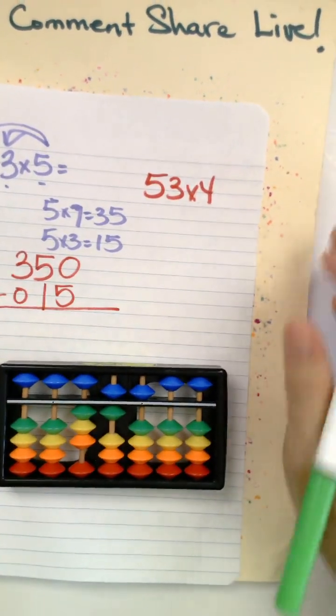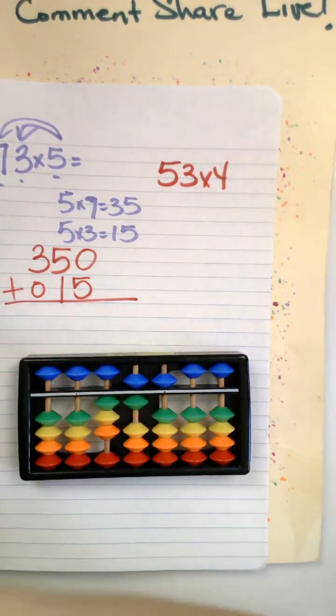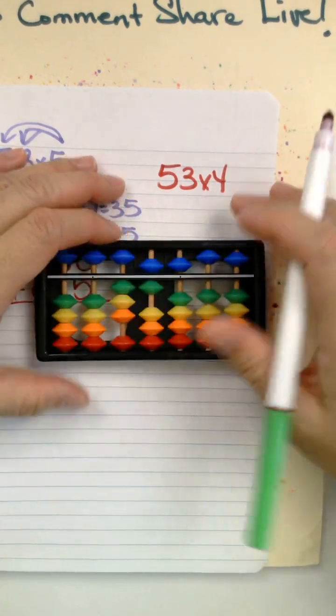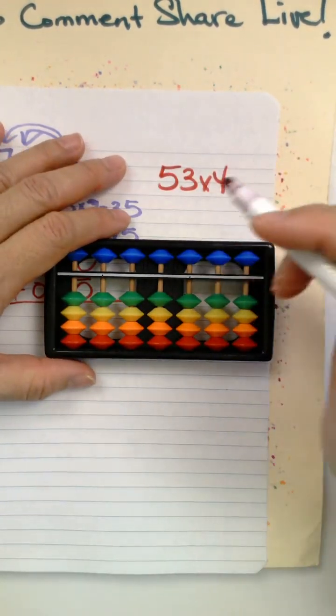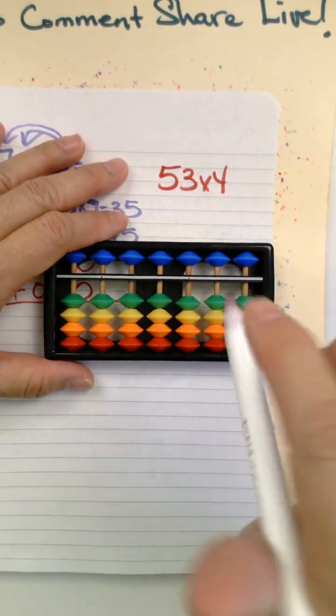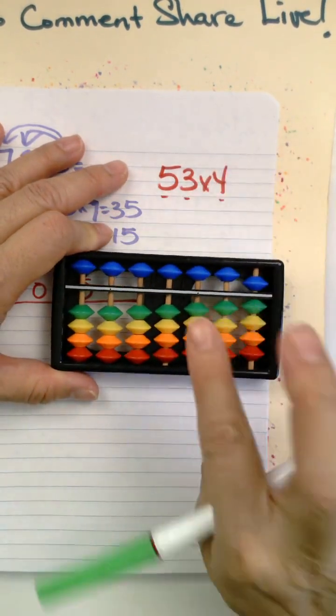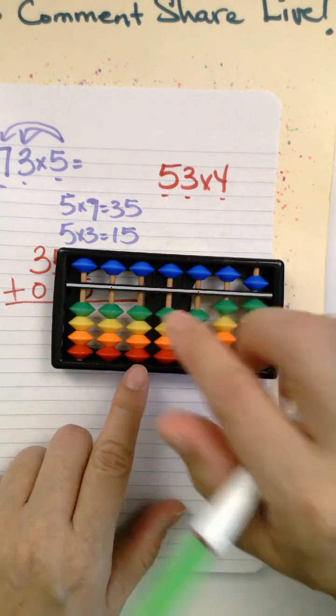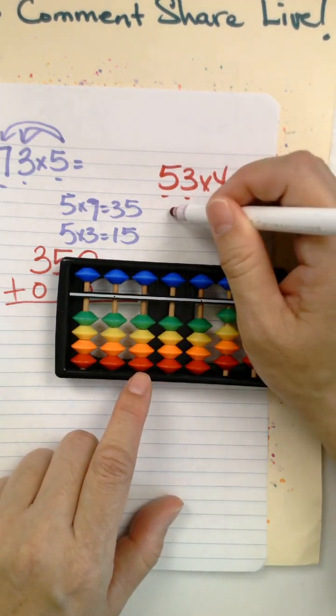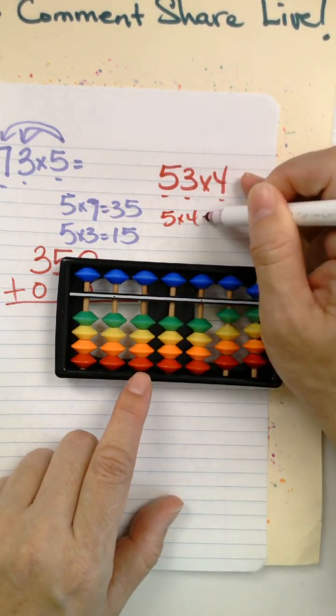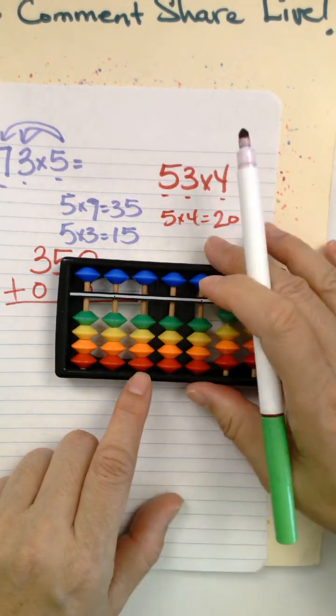Okay, so multiplication is the same thing. Again, we're going to find our starting point. We have to start from the beginning, right? 1, 2, 3. Now I do 5 times 4, which is equal to 20. Notice it's a 2 and a 0.